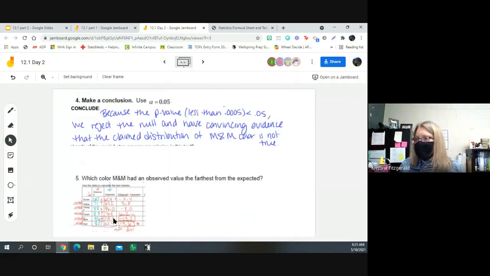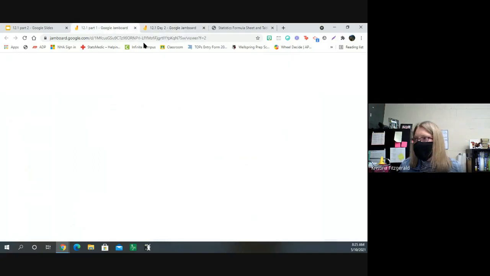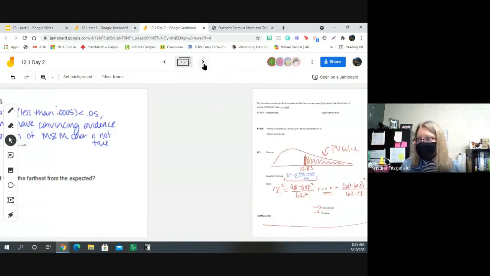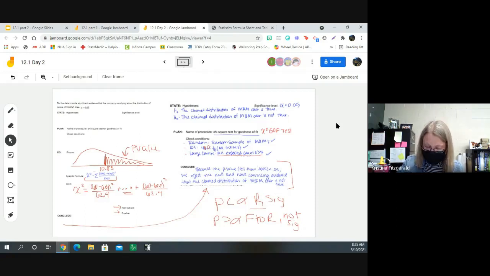Looking back at our results from the other day, these two categories, specifically the red one, probably contributed to us rejecting our original claim because it's so far off. That's the only other thing you want to add on a chi-squared test, your follow-up if you do reject, like we did here. So the red candies were off by the most is your follow-up.